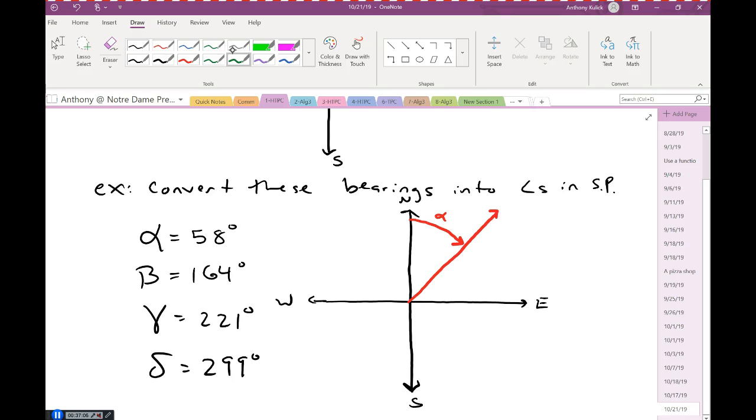What would this be? Going with a normal angle, how much would this be? 32.